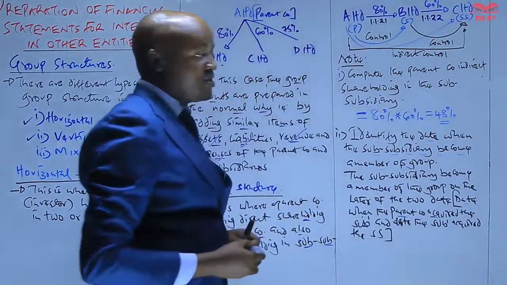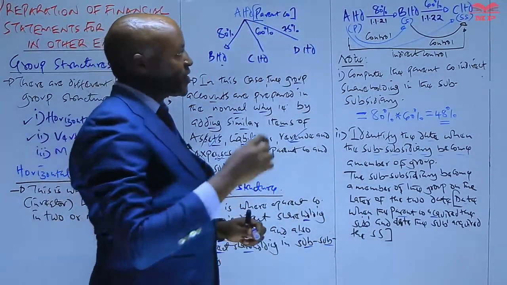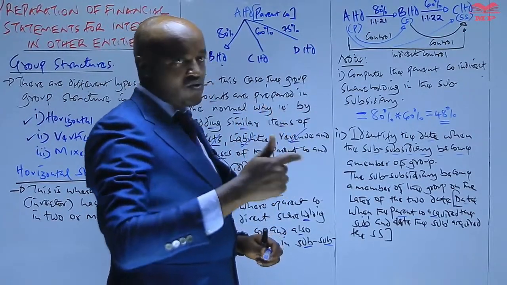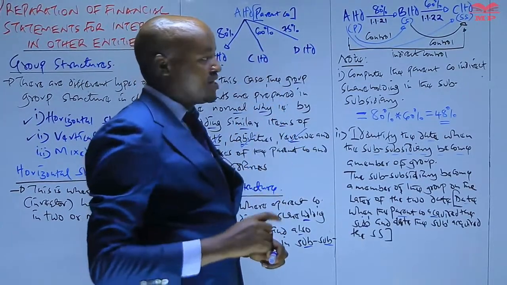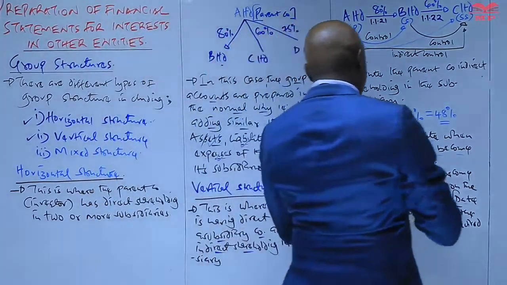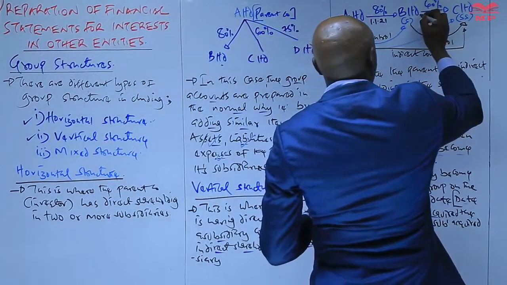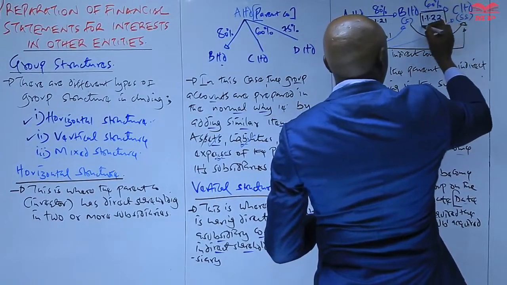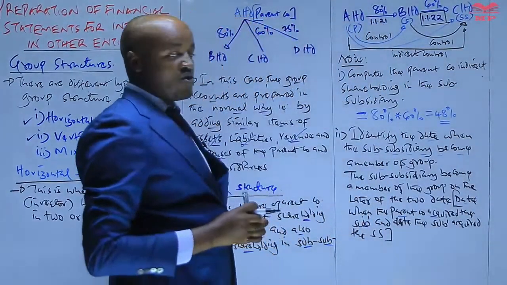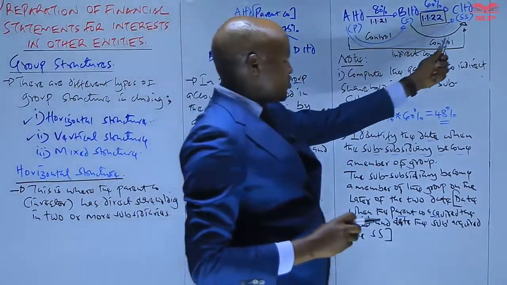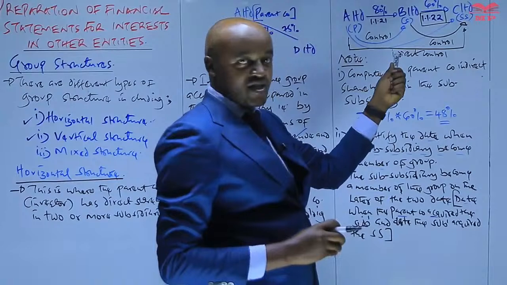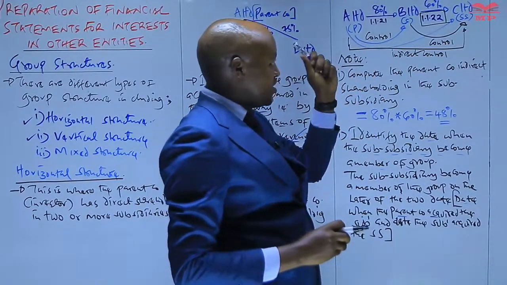Therefore, in this case, the subsidiary will be deemed to have become a member of the group on the later of the two dates, the date which is later, which is 1st January 2022. So therefore, when computing now the goodwill on acquisition of this particular subsidiary, we compute it on that date, that is 1st January 2022.